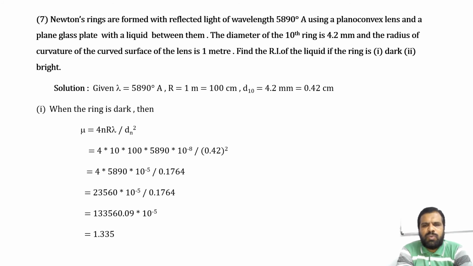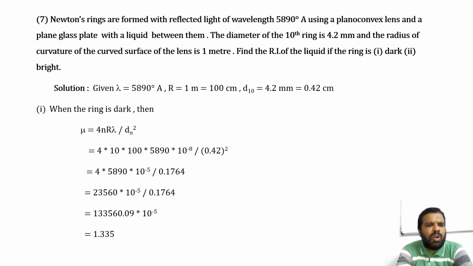D10 is equal to 4.2 mm, that is equal to 0.42 centimeter. When the ring is dark, then mu is equal to 4nrλ divided by dn square. That is equal to 4 into 10 into 100 into 5890 into 10 raised to minus 8 divided by 0.42 whole square.